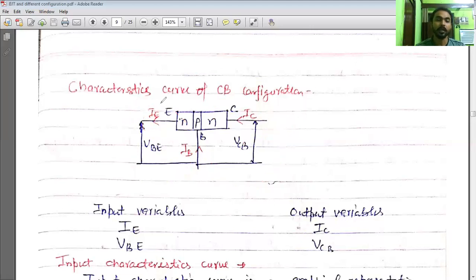I'm repeating again: since we have to draw the curve between input variables, and these belong to the forward-biased emitter-base junction, the input variables completely depend on the forward biasing, and hence the input characteristic curve will be similar to the forward bias characteristic curve of a diode, that is called D1.